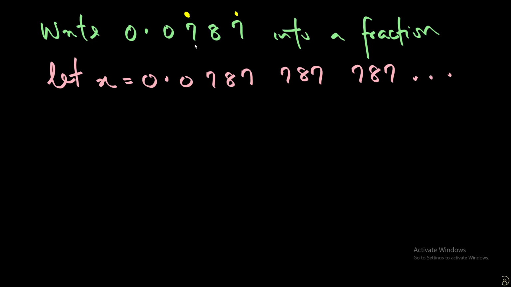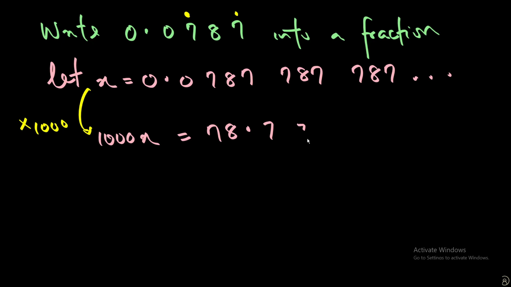Because we have 3 digits recurring, we're going to multiply the first equation by 1000. So we're going to have 1000x, and also multiplied by 1000, that'll be 78.7787787.